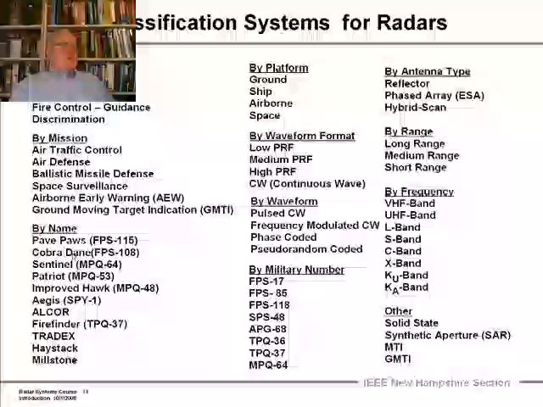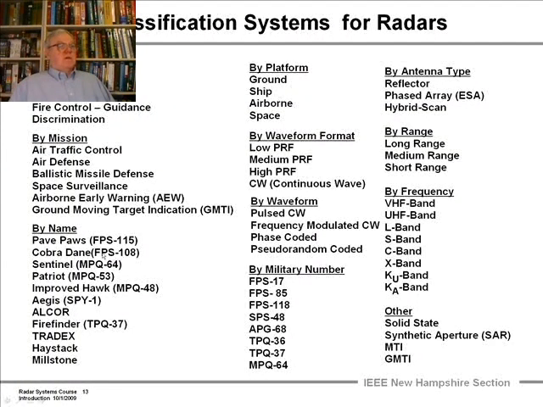The Cobra Dane radar up on Shemya is the FPS-108. The Patriot missile defense system's phased array radar is the MPQ-53. Aegis is the SPY-1, and the Firefinder counter battery radar is the TPQ-37.